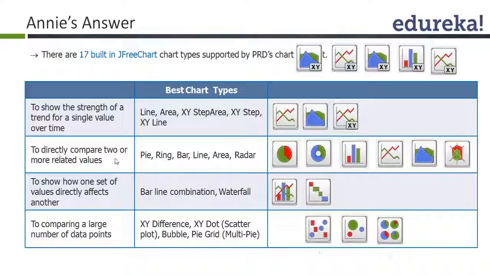Now the second type of chart pattern is if you want to directly compare two or more related values, as we just saw in comparative analysis. So pie chart, ring chart, bar chart. Bar is most common, pie is another common one, area chart, radar chart.